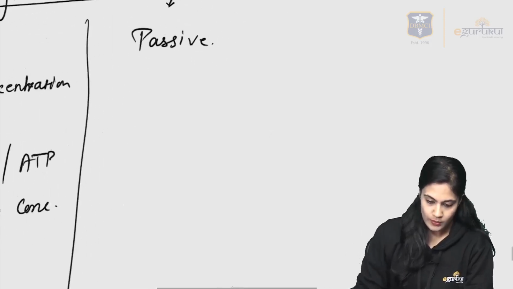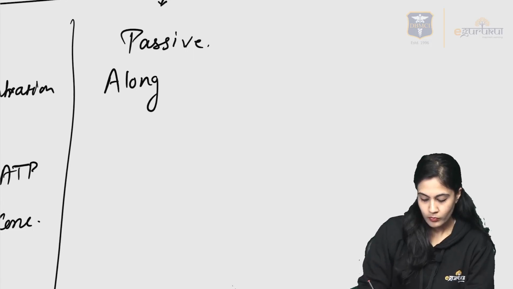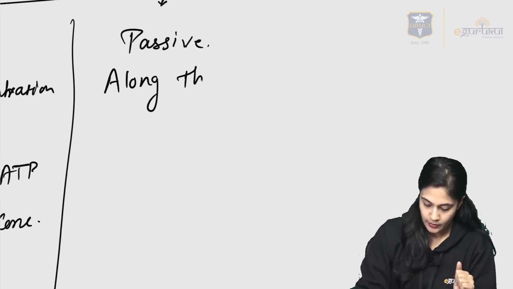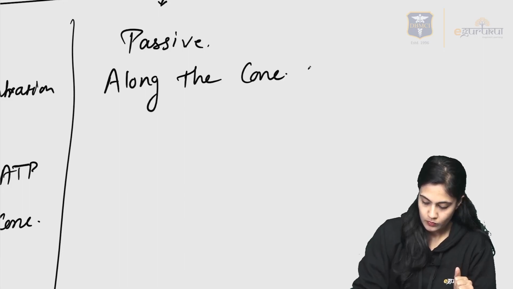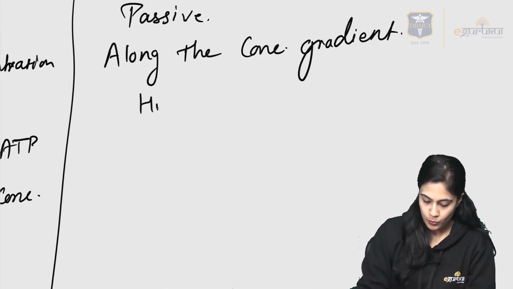What about the passive transport? It goes along the gradient. Remember, the passive is going along the gradient, active against the gradient. Along the concentration gradient, from where to where? From high concentration to low concentration.